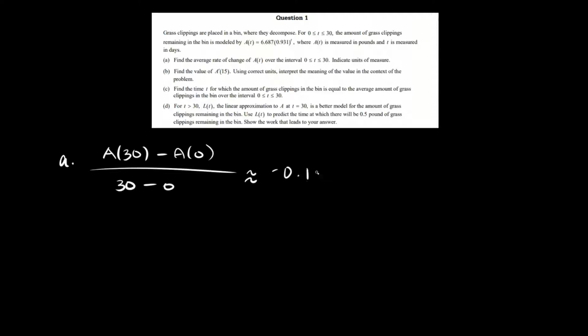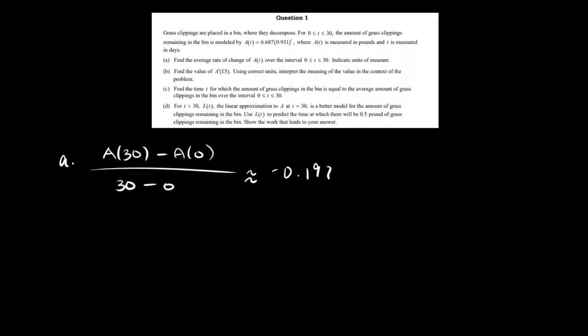So we know from past videos in this series that the average rate of change of a function is just the slope of the function over its interval. So for part A, all we need to do is use the slope formula. So this is A of 30 minus A of 0 divided by 30 minus 0, which if you plug into a calculator gives you around negative 0.197.